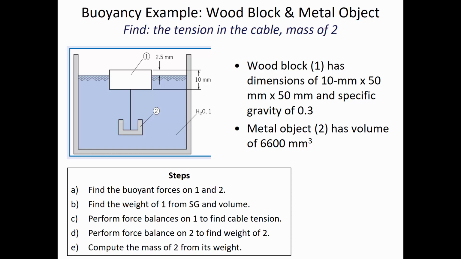But starting with the wooden object, you can find the tension in the cable. And then once you know the tension in the cable from the top force balance, you'll apply that same known tension to the metal submerged piece and be able to determine what is the weight of it and therefore the mass.